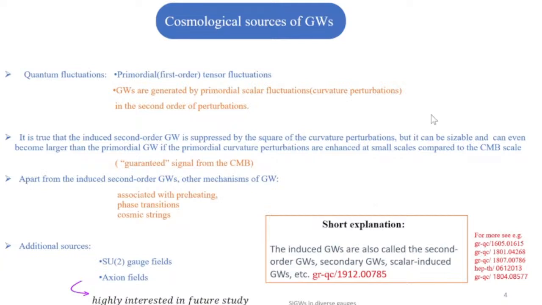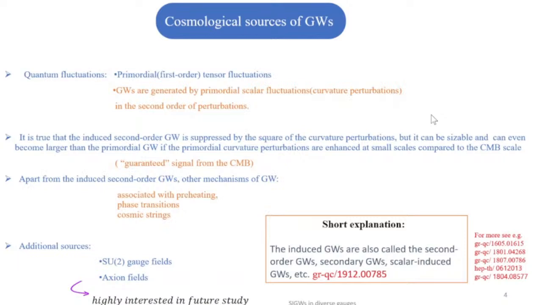For future study, I'm highly interested in using these sources to discuss induced gravitational waves. Here is a short explanation: induced gravitational waves are also called second order gravitational waves or secondary gravitational waves. Further, you can see in this reference.